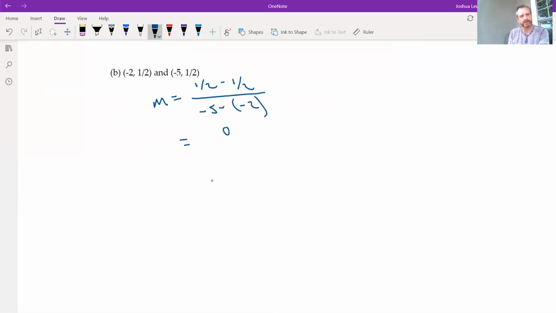Well, 1/2 minus 1/2 is 0. -5 minus -2 is -3. So this slope is 0. There is no rise. Okay? You think of this as a horizontal line. In fact, if you plot these points, and I would encourage you to do it and verify, the only line that you could connect them with would be horizontal.